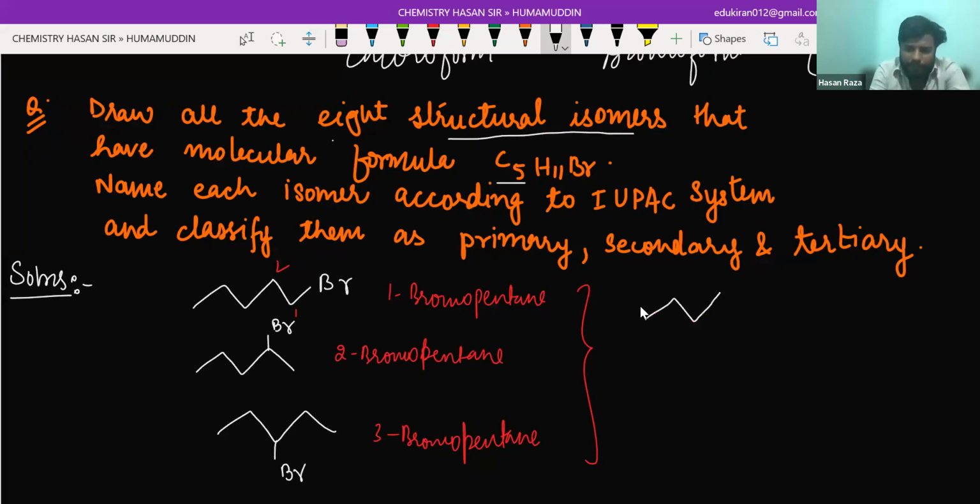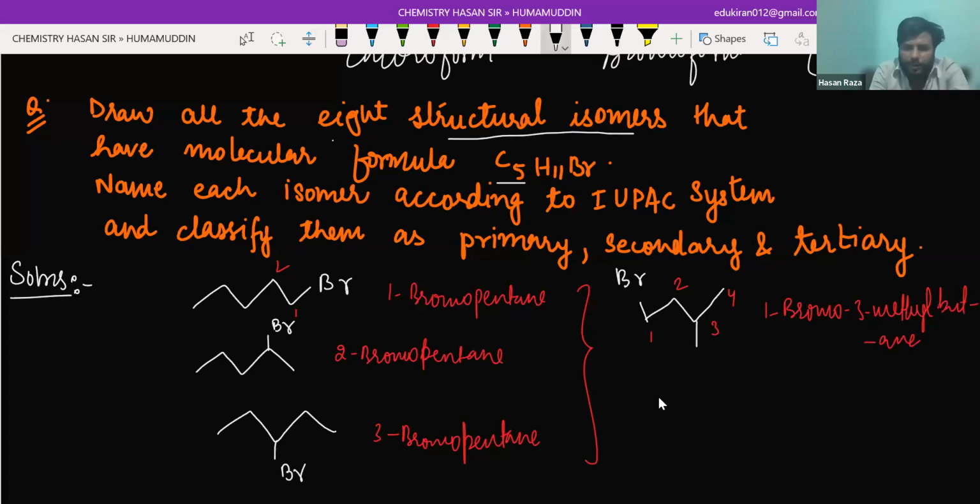Bromine here at the first position and methyl here. You can see easily. The name will be 1, 2, 3, 4. So the name will be 1 bromo, 3 methyl butane. 1 bromo, 3 methyl butane.